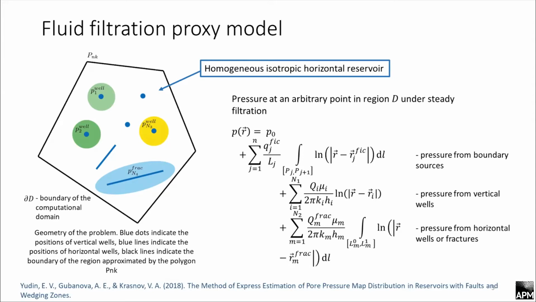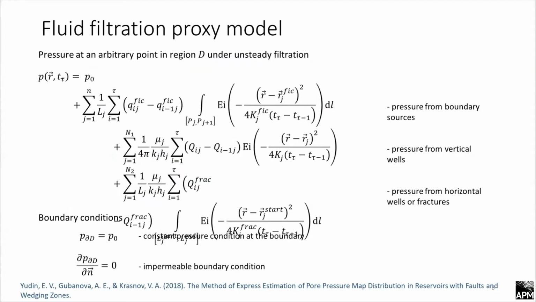So using information from the wells, like I said before, bottom hole pressure and fluid rates in the wells, we can obtain pressure from these boundary element sources, and then use that information to obtain pressure at arbitrary points inside the region. So the next slide, please.